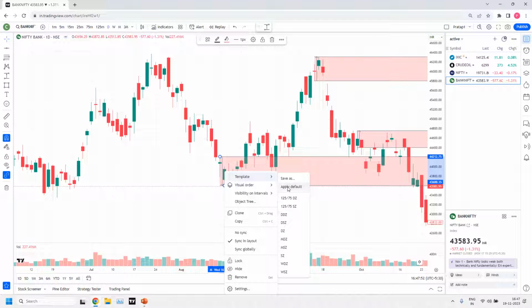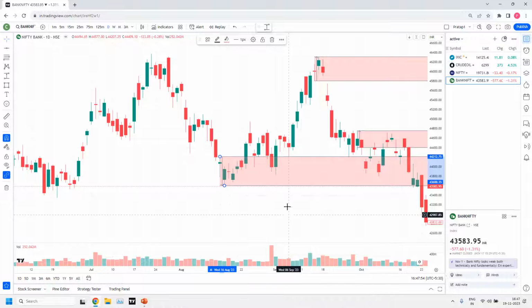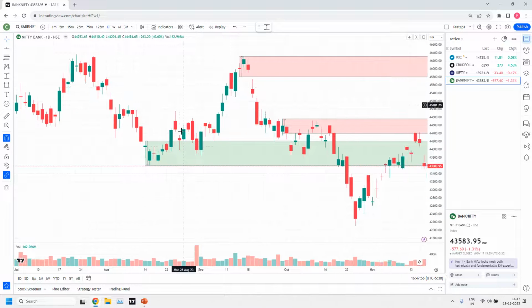Let me change the color. We have a drop candle. We have 1, 2, 3, 4, 5, 6 base candles. And again, we have a rally candle.